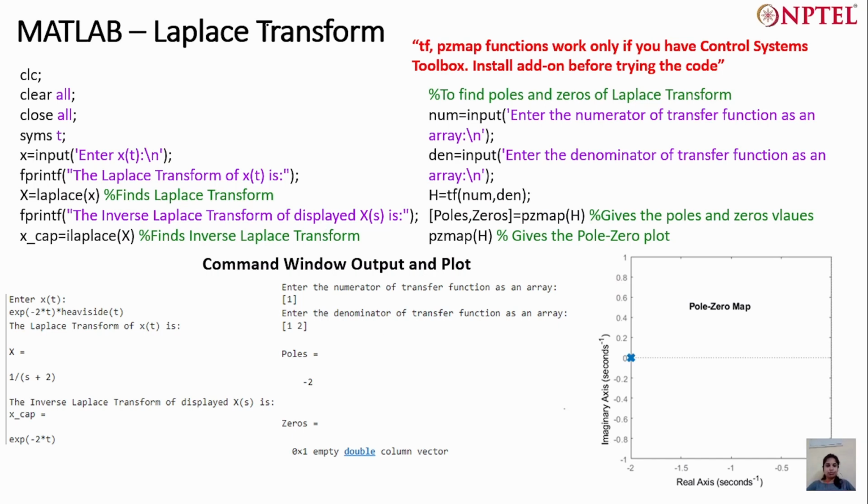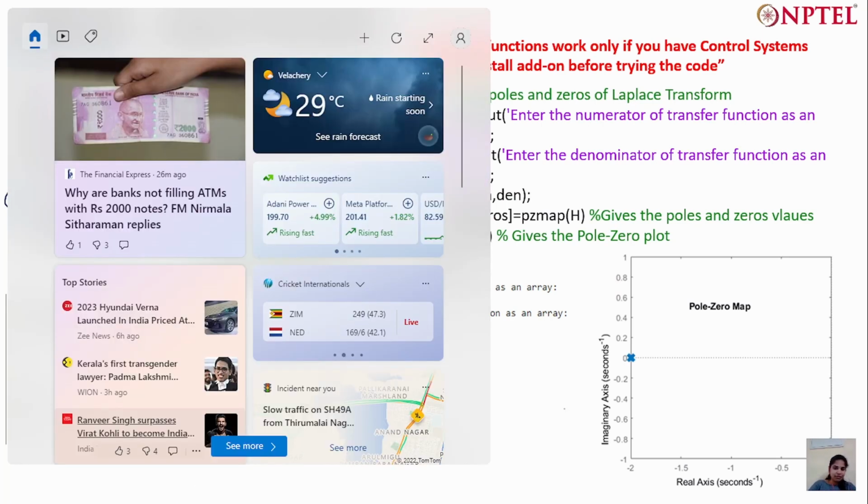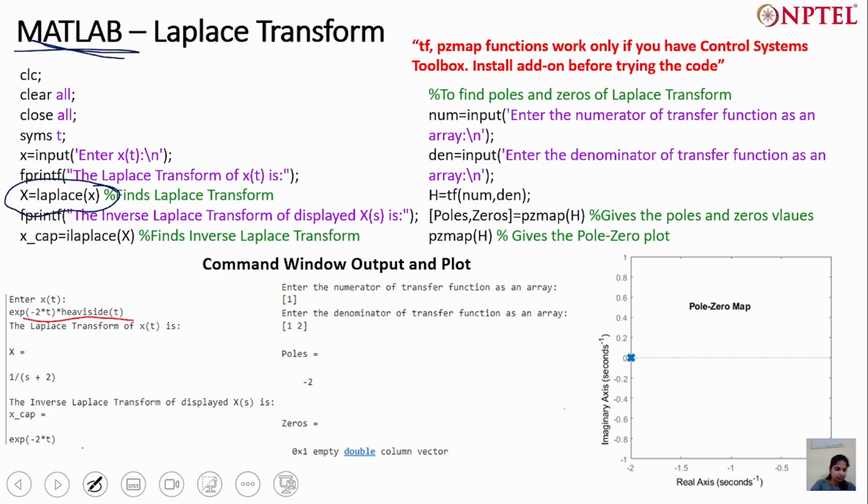Basically, we can find the Laplace transform in MATLAB as well. The formula to find the Laplace transform is Laplace of x. Say the input I have given is e power minus 2t into u of t.